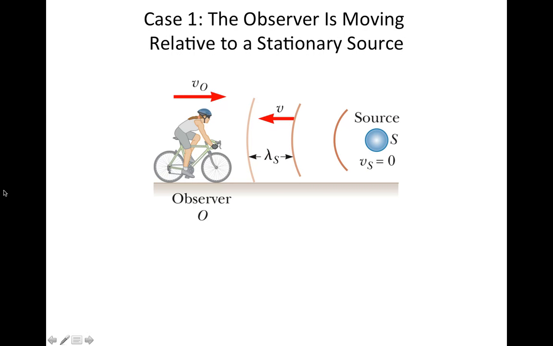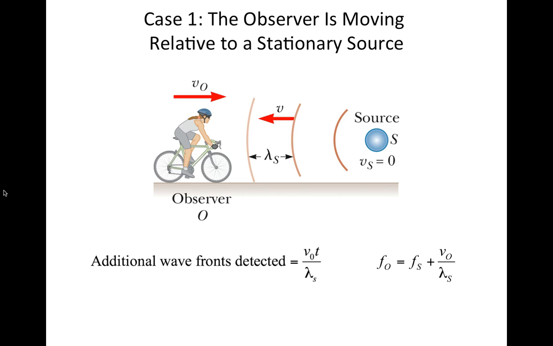As we talk about the Doppler effect, we're going to talk about a couple of different cases. We're assuming air is stationary and all speed measurements are made relative to the stationary medium. When moving towards the source, an observer moves a distance of v naught times t in t seconds. The observer detects an additional number of wave fronts, equal to the distance traveled divided by the wavelength.